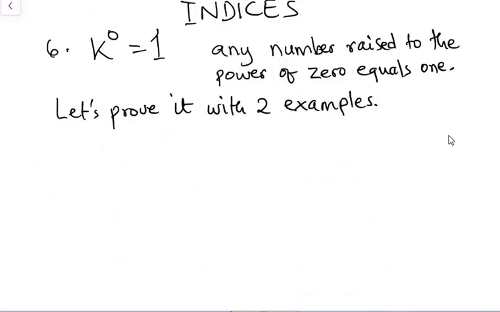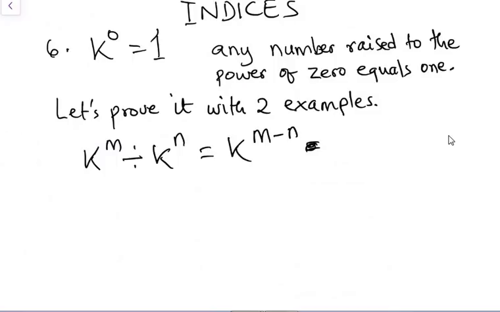So remember, we just said any number raised to the power of 0 equals 1. And we're going to derive it from our second law that says k raised to power m divided by k raised to power n equals k raised to power m minus n.